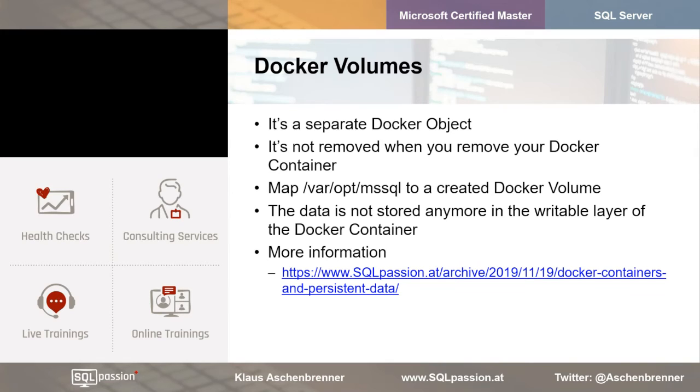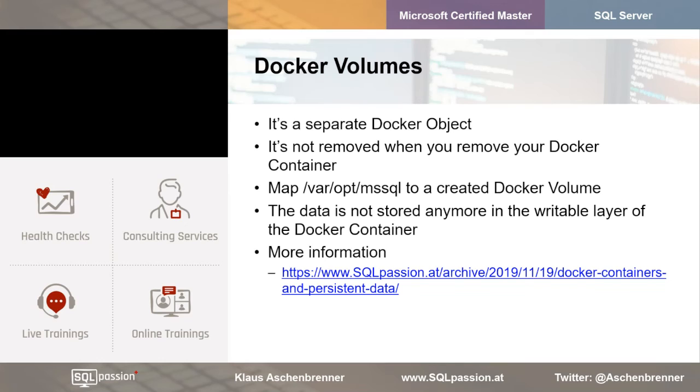Means the content of that folder is stored outside of the Docker container, inside that Docker volume. Means as soon as you're removing the Docker container, you're not losing the content of the Docker volume, because it's just a separate Docker object.